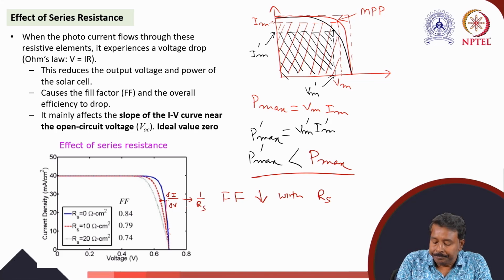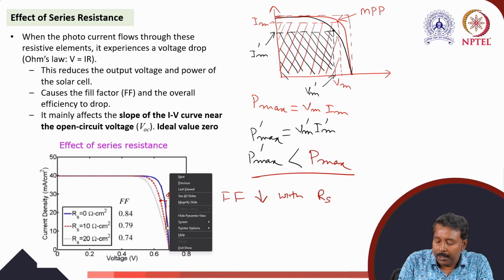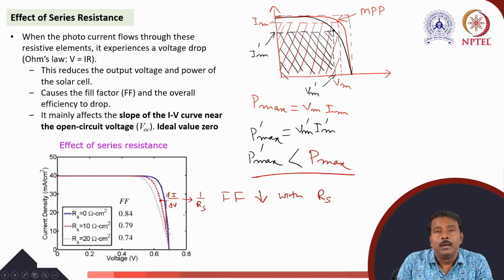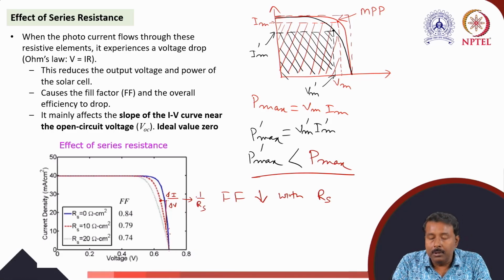So the inverse of this slope is Rs. Near the open circuit voltage point, this slope gives you the information about series resistance.